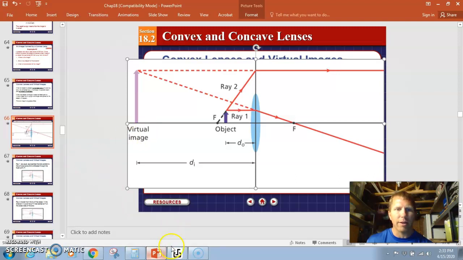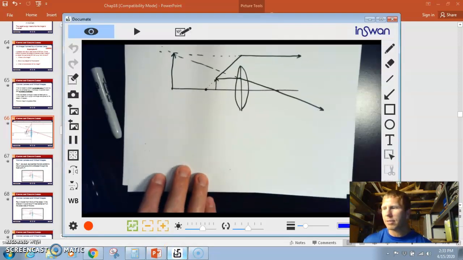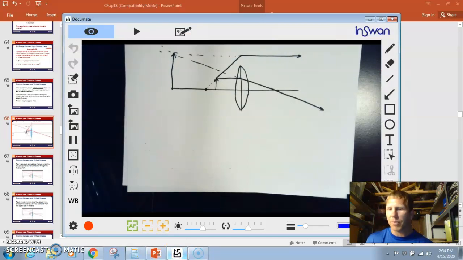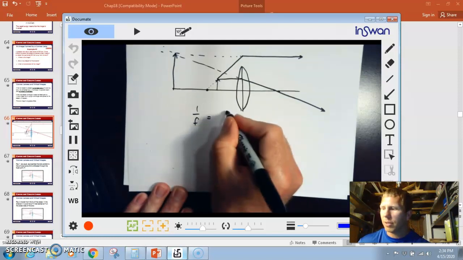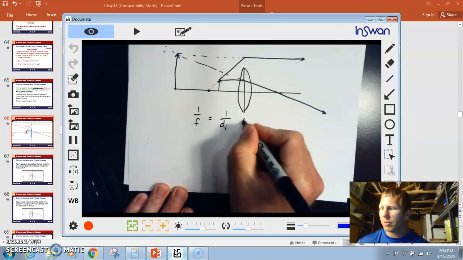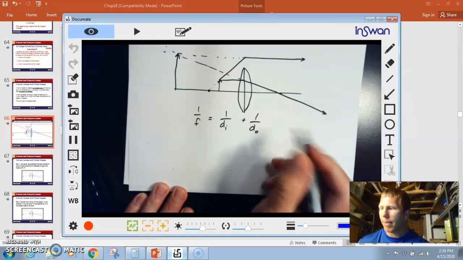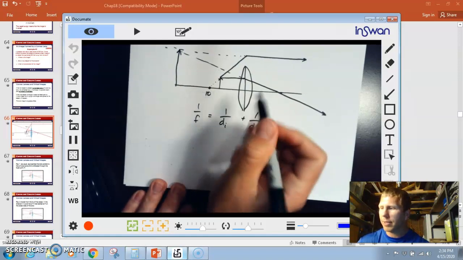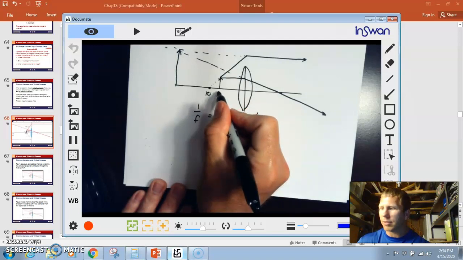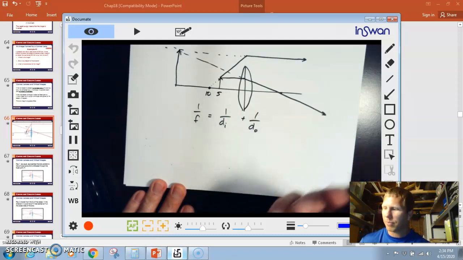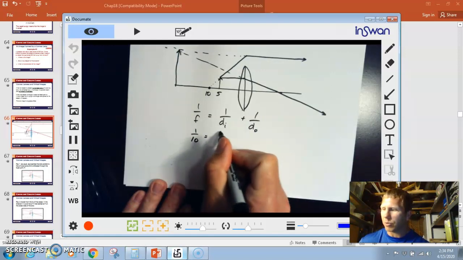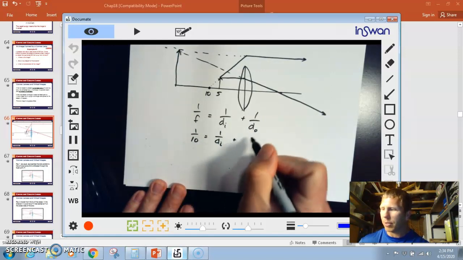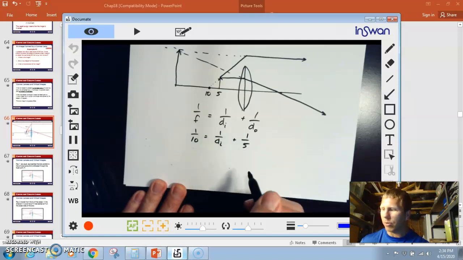Okay? Now, as we look at this, here is this again. If we were to do a problem, we would still use the thin lens equation. And let's say this was 10, and this, for just simplicity's sake, for the math, we'll say it's 5, even though it's not quite drawn to scale. Okay, so we're going to say it's 1 over 10 equals 1 over di plus 1 over do.